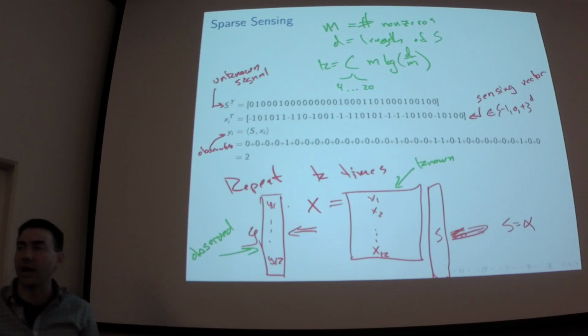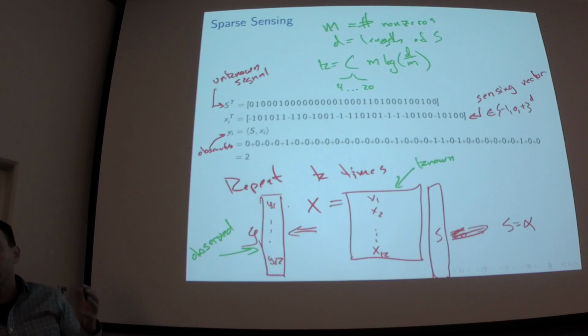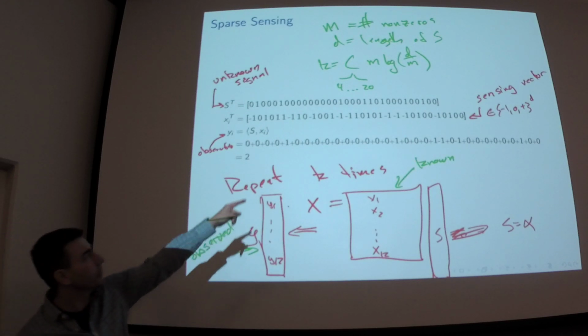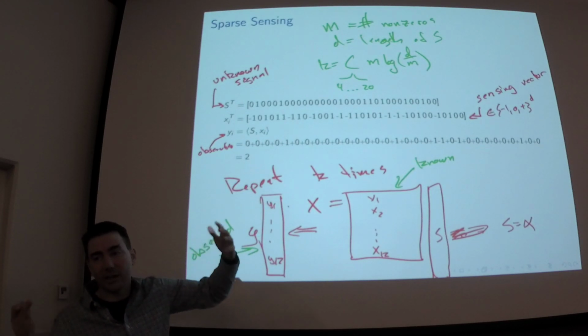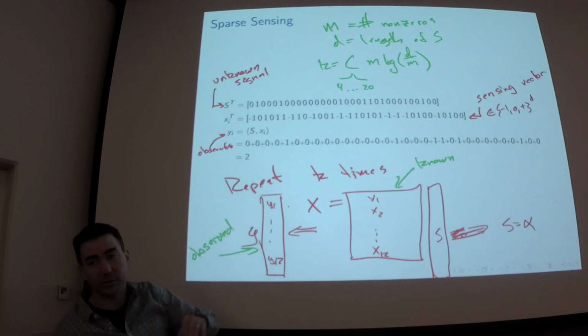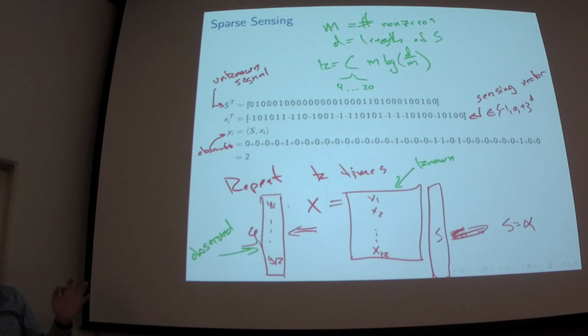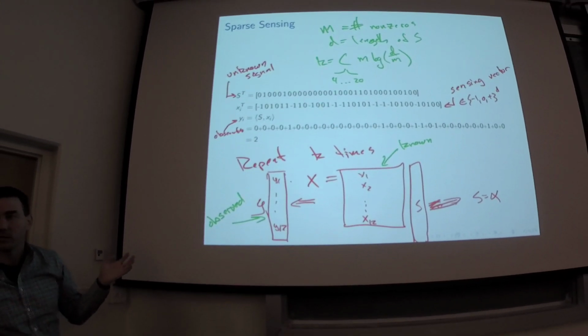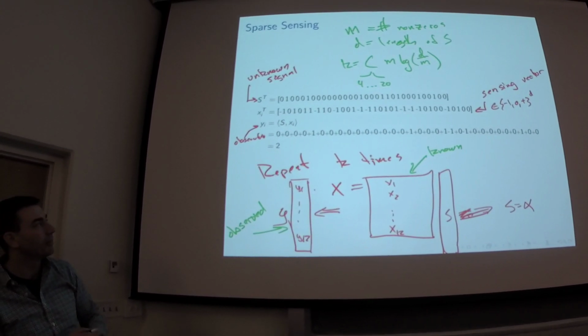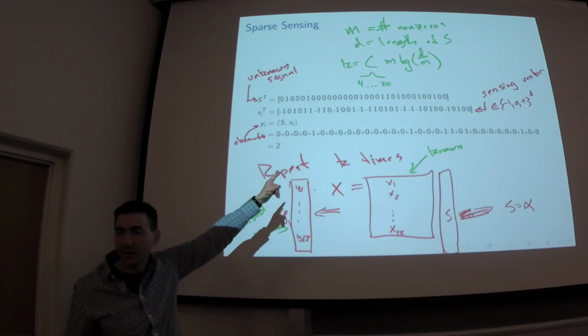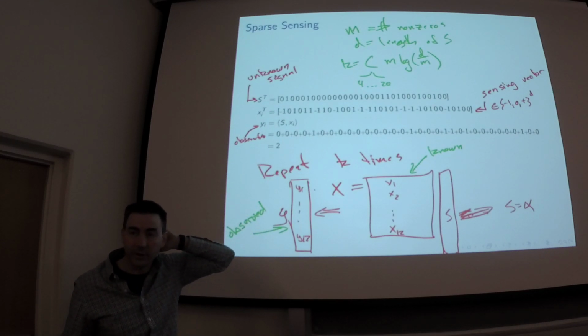If I use orthogonal matching pursuit, which is not as good an algorithm, and set C equal to 20, so 20 times the number of non-zeros with a log factor, and I choose x correctly, then I should be able to recover the exact signal. There are better algorithms, which are more complex, which we're not going to talk about in this class, unfortunately. But you can get it down to like 4, so only 4 times the number of non-zeros.